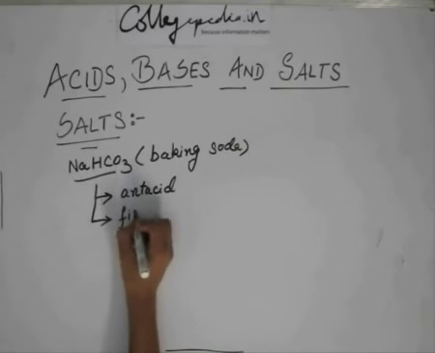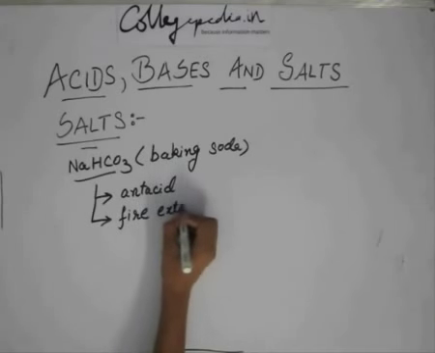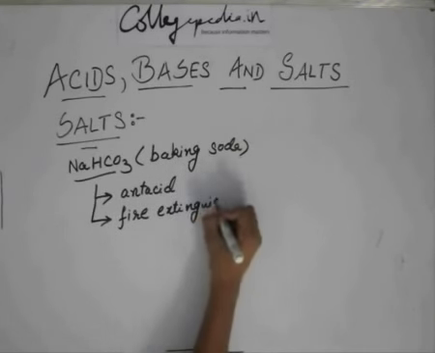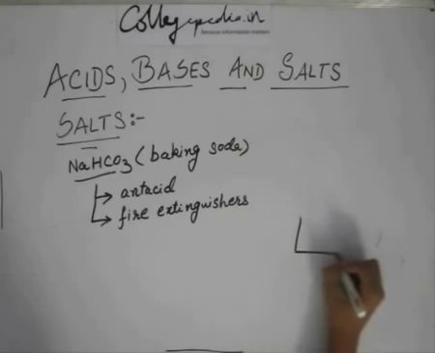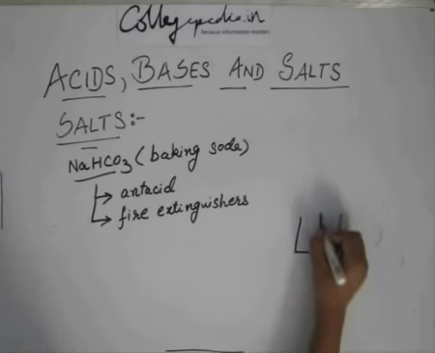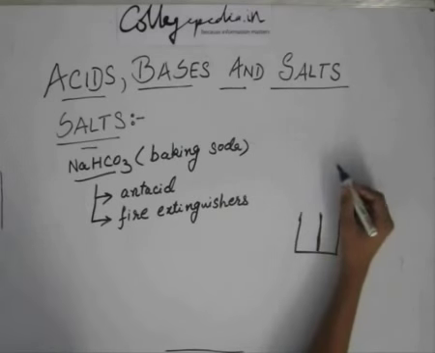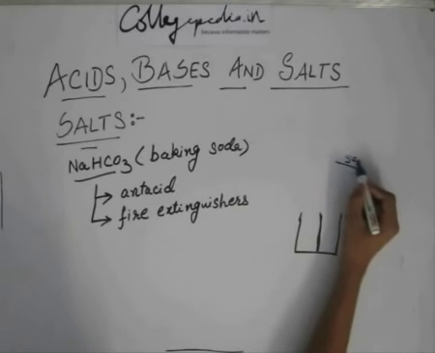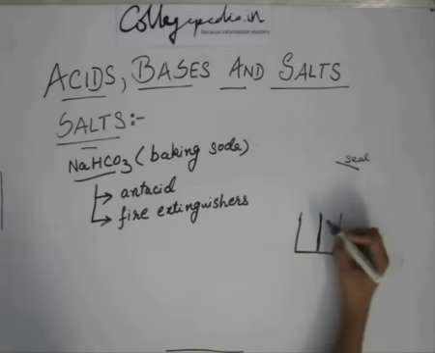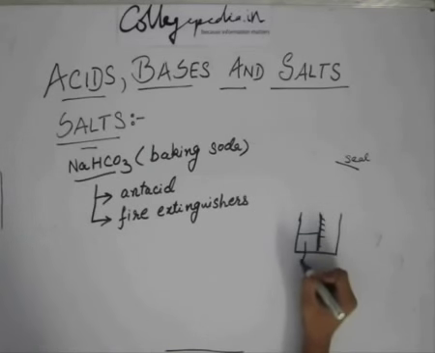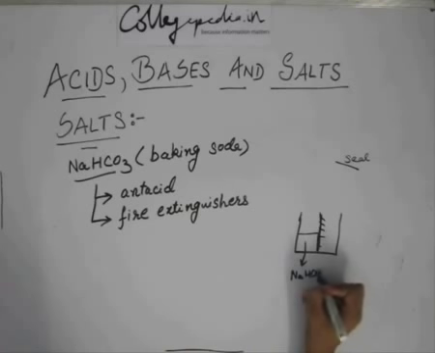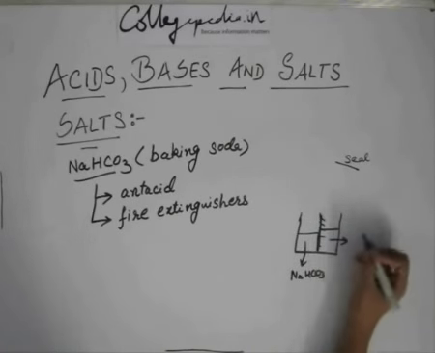It is also used in fire extinguishers, because there is a reaction of NaHCO3 with an acid. A fire extinguisher has a wall in between. When you have to extinguish the fire, you break a seal, and the wall breaks. One side of the wall contains NaHCO3 and the other side contains H2SO4.